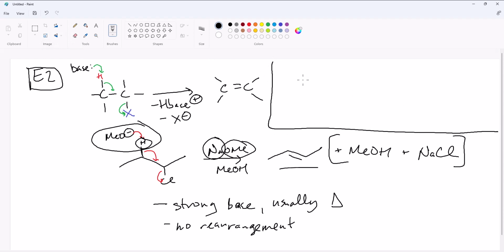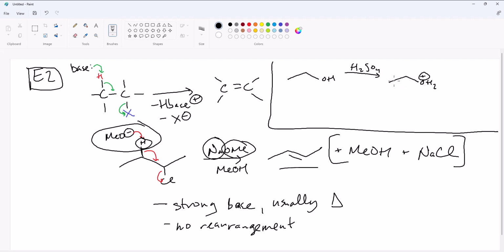We can see this for alcohols. This is less common in E2 reactions, but we do see it for primary alcohols. So say we do the dehydration in H2SO4. I'm not going to draw this mechanism, but we'd have the alkyl oxonium intermediate. And since this is primary, we can't really form a stable carbocation.